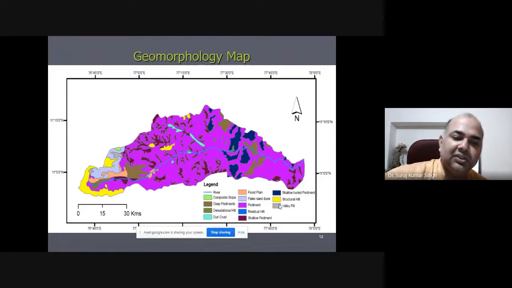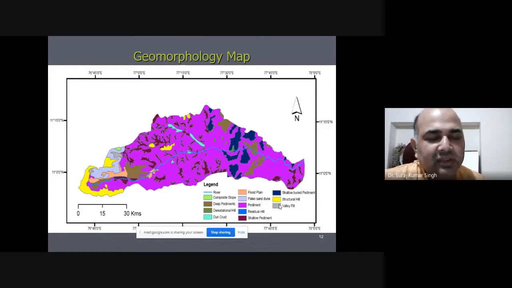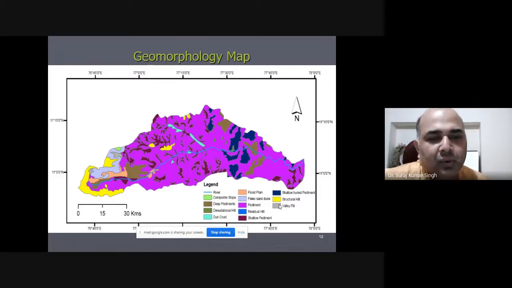Unless you quantify it and map it spatially, you cannot overlay all these maps together in the GIS domain to get the primary unit or the area where you can go for groundwater recharge. To understand the exact location of your recharge site, for construction of reservoirs, check dams, nala bunds, first you have to identify each and every factor responsible for holding the water.